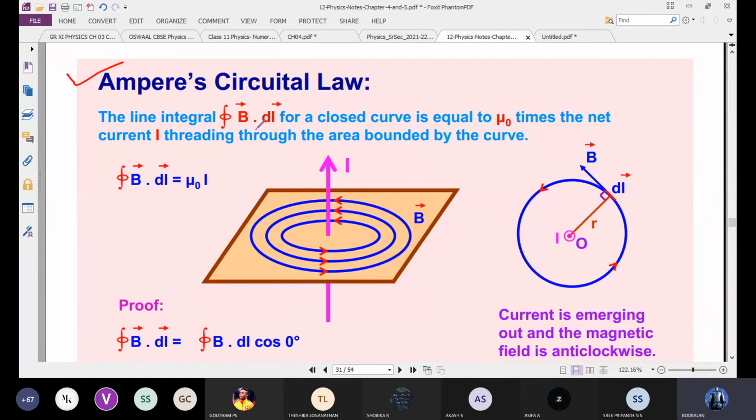The line integral of B dot dl, B dot dl means the magnetic field around any closed curve is equal to mu naught times the net current I through the area. Okay, your closed integral B dot dl is equal to mu naught I.